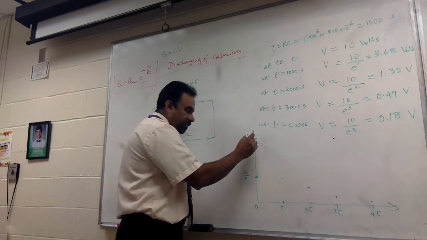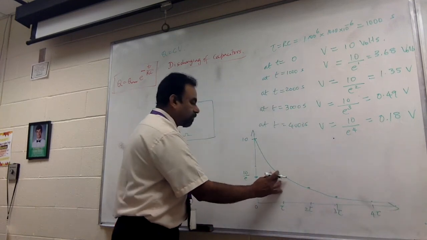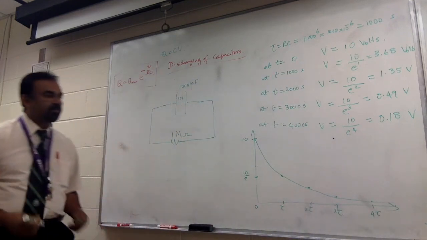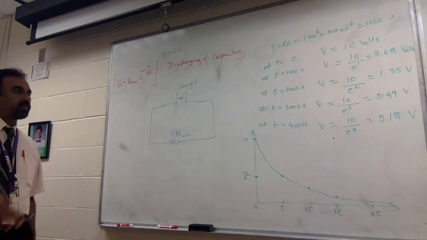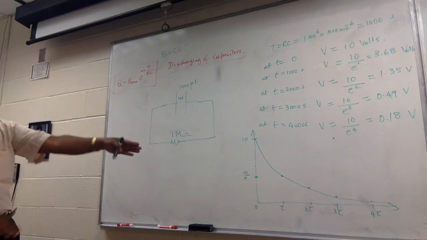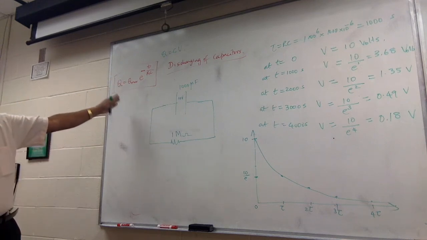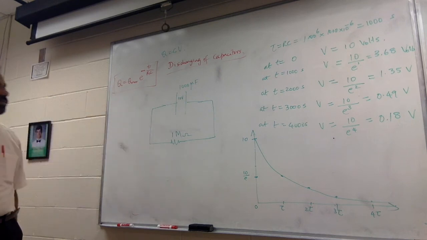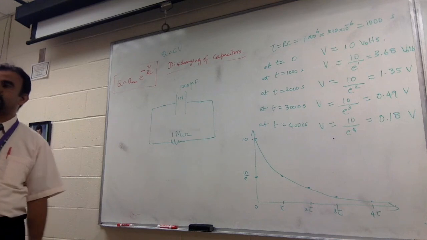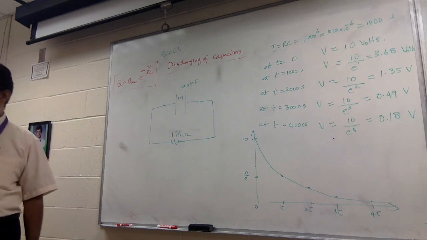So that's why the graph is shaped that way. So that's a discharge graph. And you can see numerically how you have connected it up. You saw the actual equation for how it goes on, and now you know what a time constant is. So time constant is a very important part of any timer circuit.